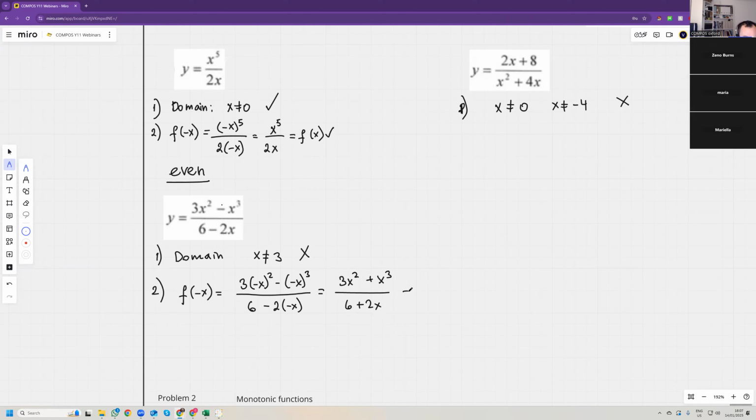Well, I have to say this is not equal to f of x, and this is not equal to minus f of x, so it's neither. But we already knew that from the first test.